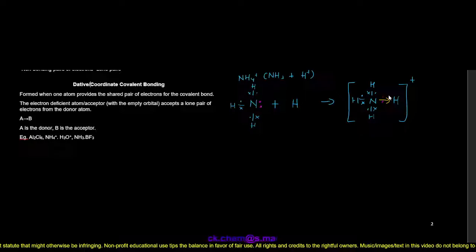And you're going to notice I used an arrowhead. We use an arrow to indicate the direction in which the lone pair of electrons will be moving or will be shared. So it shows that ammonia, or nitrogen in this case, is our donor atom and hydrogen is our acceptor atom.